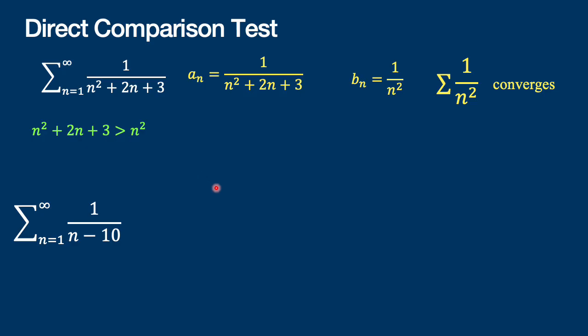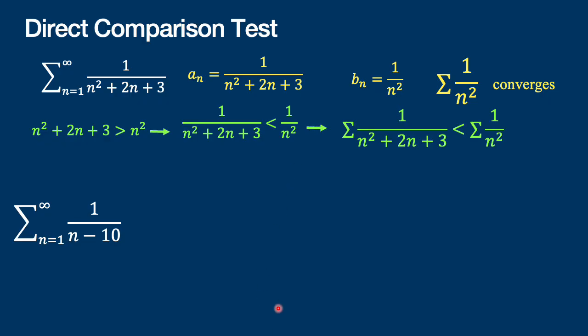Then we're going to flip it. Taking the reciprocal, the inequality is going to change. So 1 over n squared plus 2n plus 3 is less than 1 over n squared. So we're going to have an infinite series right here, guys. Summation: this is an infinite series, adding all the terms.